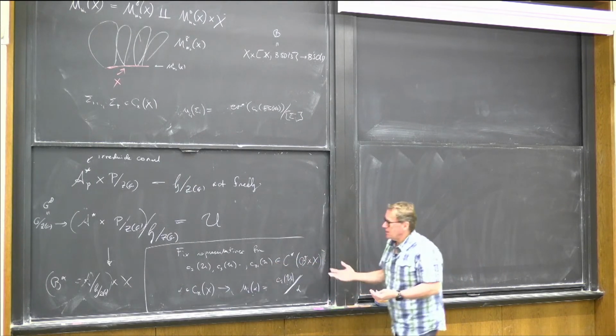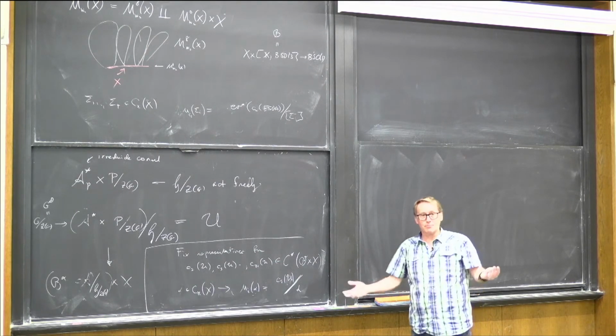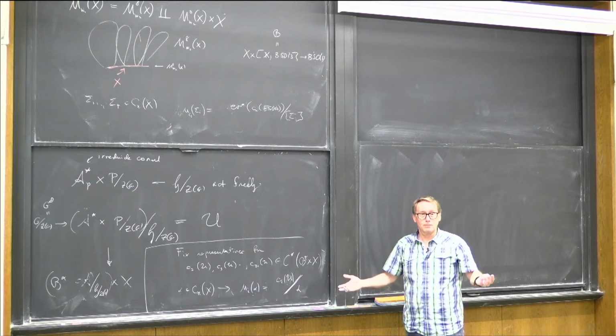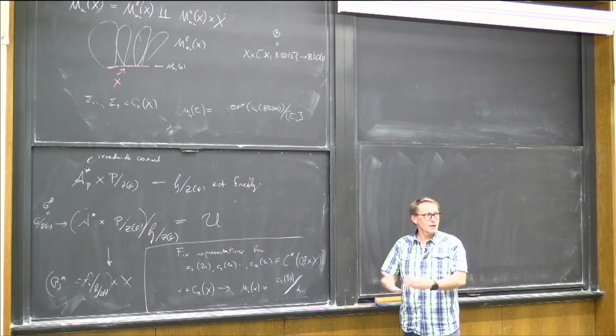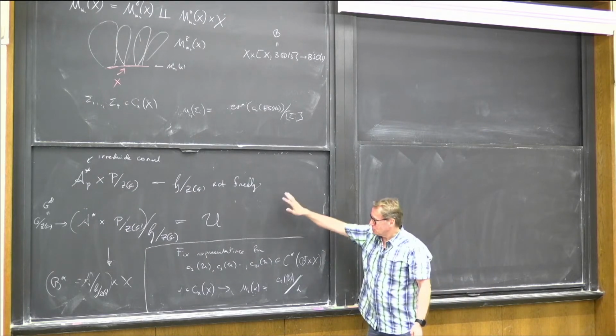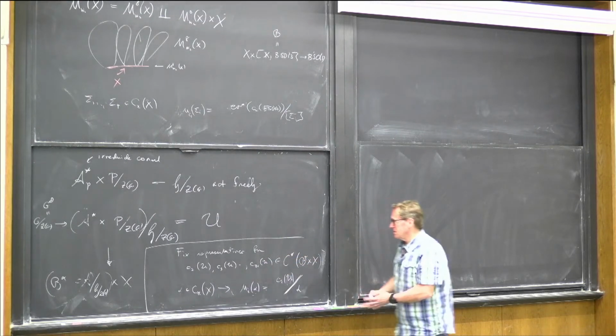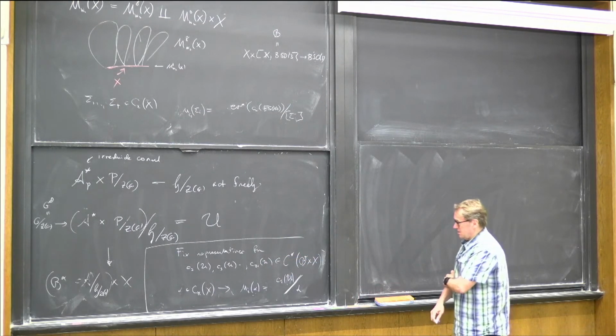there's the obvious interesting question: do I have all of them? Have I gotten all the cohomology that there is? Maybe I've missed something, and the algebraic topology is telling you no. You haven't missed anything. You've written down generators.